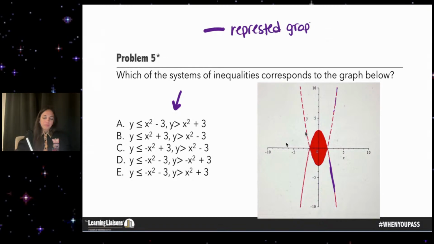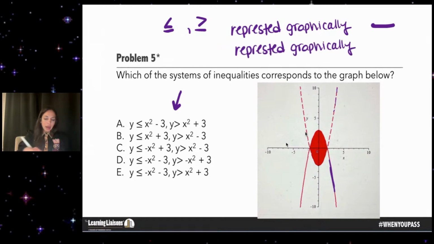Let me rephrase that. A greater than or equal to or a less than or equal to is represented graphically by a solid line, and a greater than or less than is represented graphically by a dotted line.